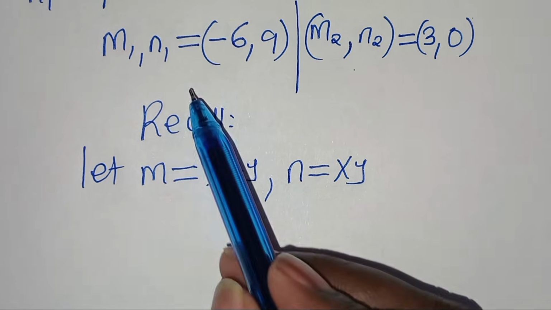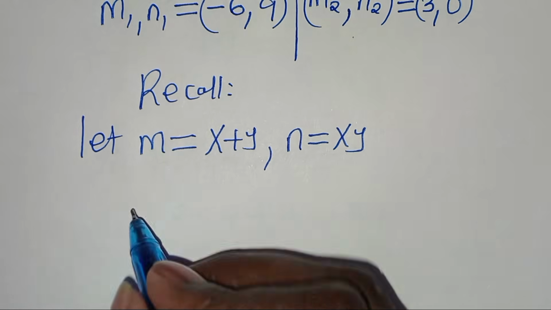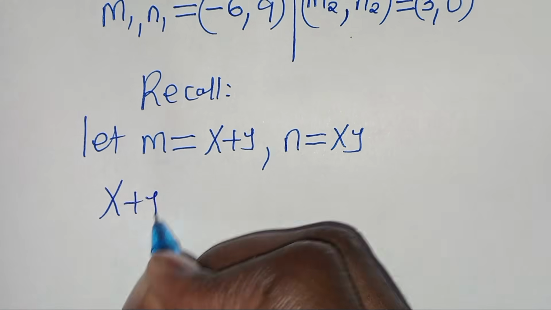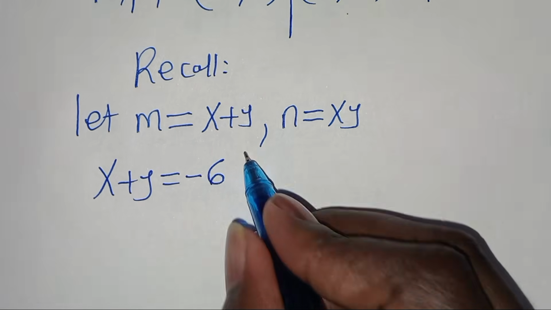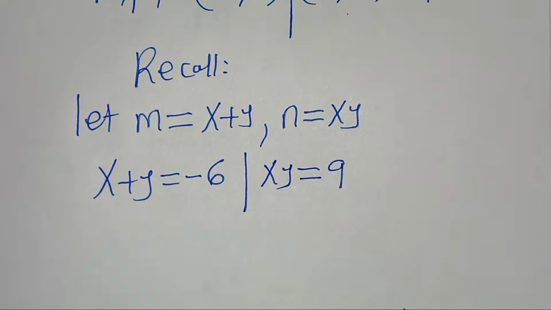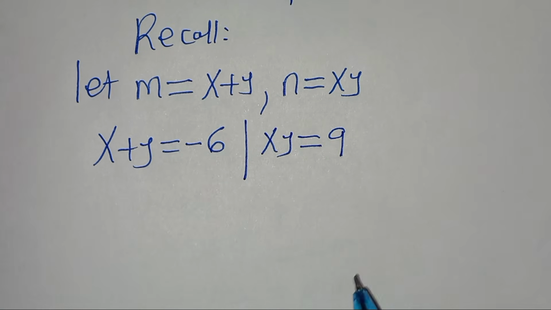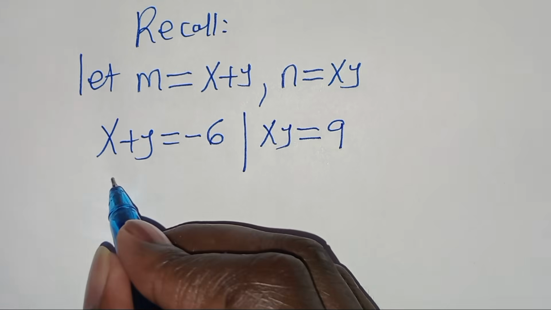Now, from case 1 here, we have m is equal to minus 6, so x plus y is equal to minus 6. And we have x times y equal to 9. From here, we can make x the subject of the formula.